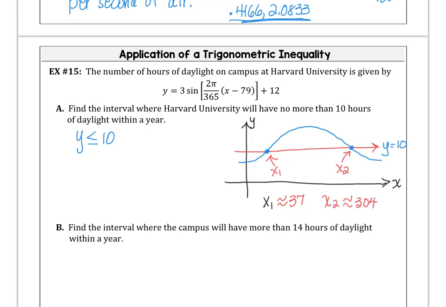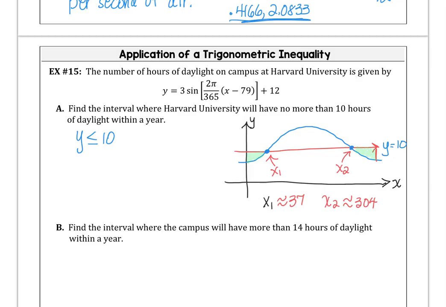So if you want to go in days where no more than, we're going to look at this area. So no more than 10 hours and no more than 10 hours. We're looking for those areas.